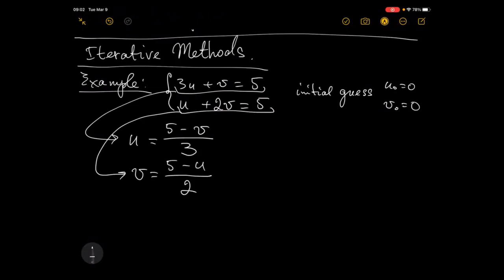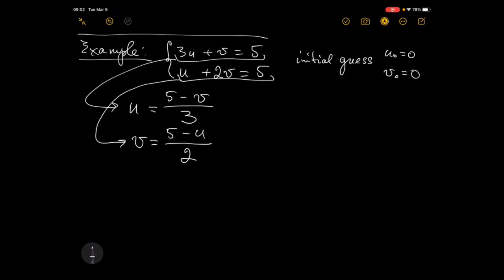You could say that, yeah, but the problem is that I don't know v and I don't know u. Okay, no problem. Essentially you can formulate it as a fixed point iteration.